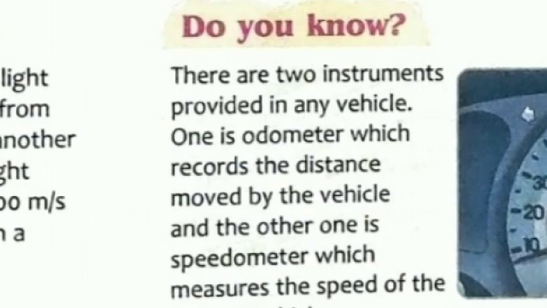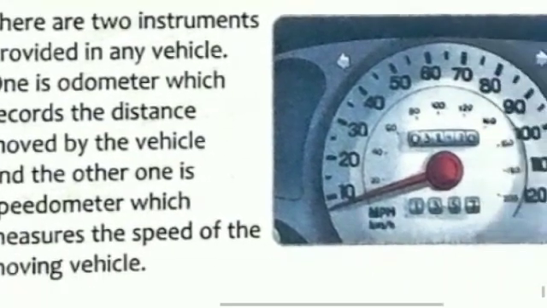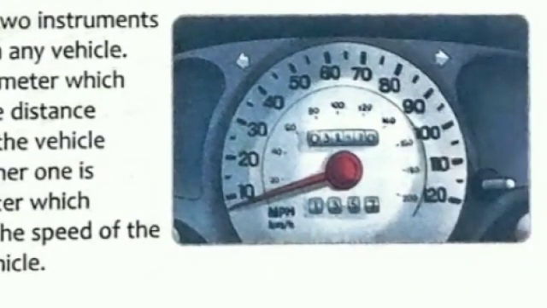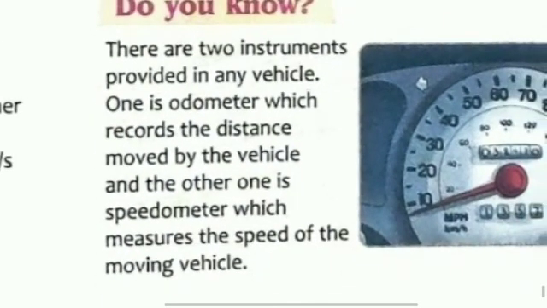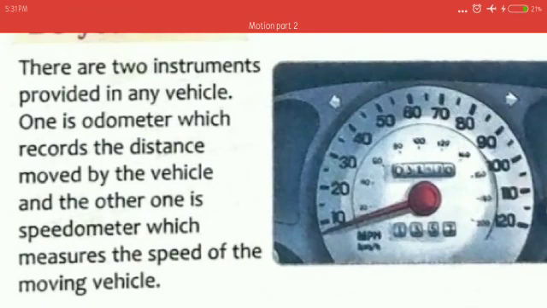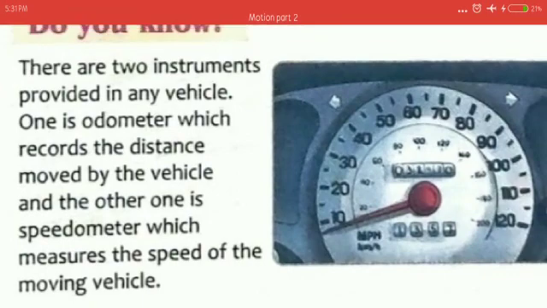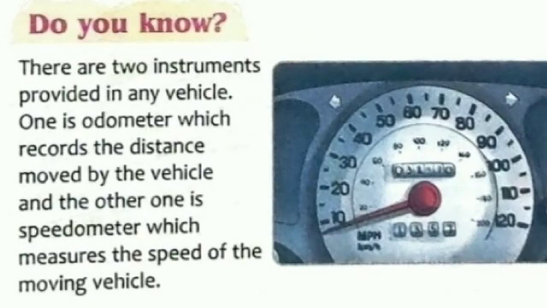And the second thing is the odometer. You must have seen in your car, in your bicycle, there is an odometer and speedometer. There are two instruments provided in any vehicle. One is the odometer, which records the distance moved by the vehicle, and the other one is the speedometer, which measures the speed of the moving vehicle.